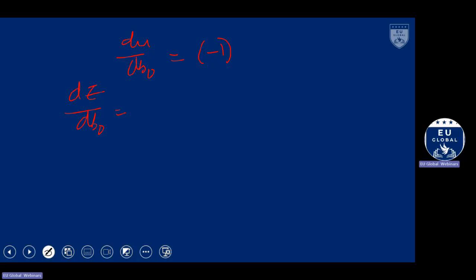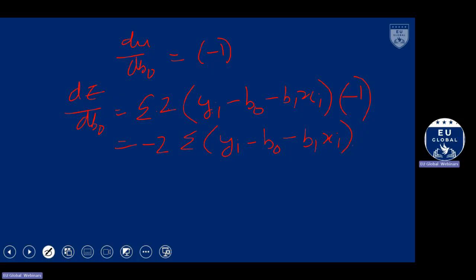So this will be summation of 2 times yi minus beta naught minus beta 1 xi into minus 1. Because it was square, 2 came over here, and the rest will be the same, yi minus beta naught minus beta 1 xi, into minus 1. So we will take minus 1 outside, and we get minus 2 summation of yi minus b0 minus b1 xi, right?